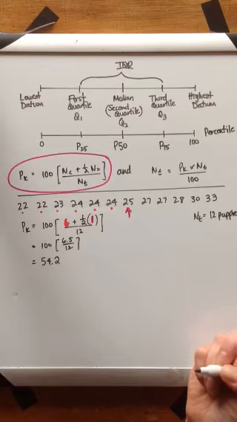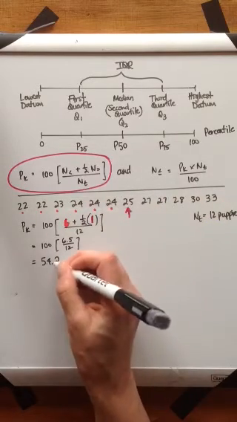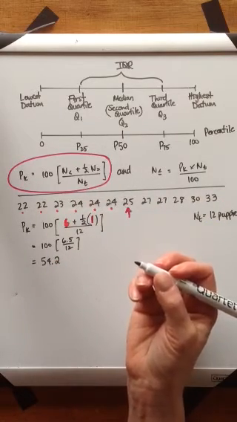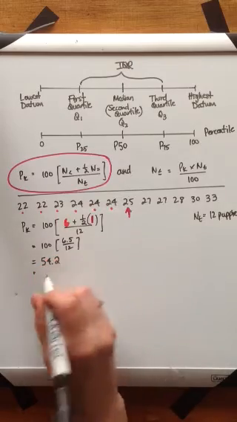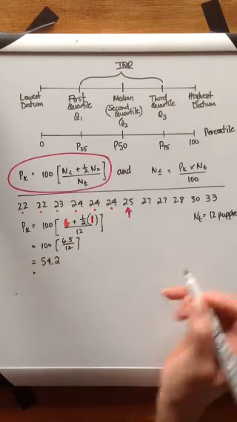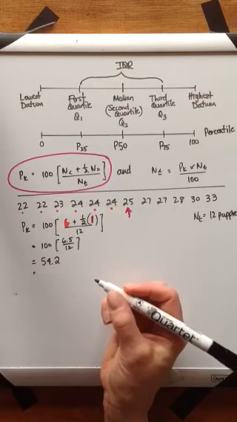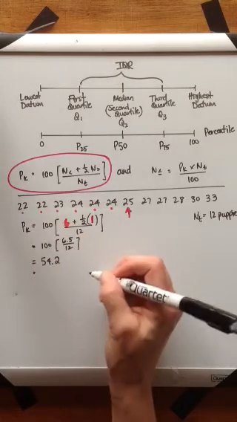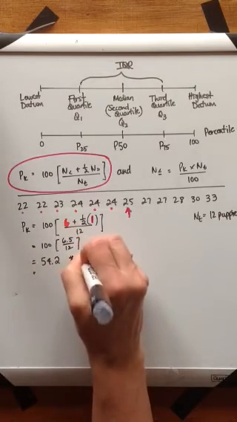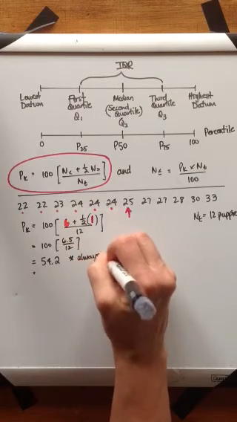54.2. It's not possible to have a percentile rank that's a part of a percentage. So what we do in this case is we are going to round up to the nearest whole percentage, to the nearest whole number. And the percentile rankings are always rounded up to the next whole percentage.